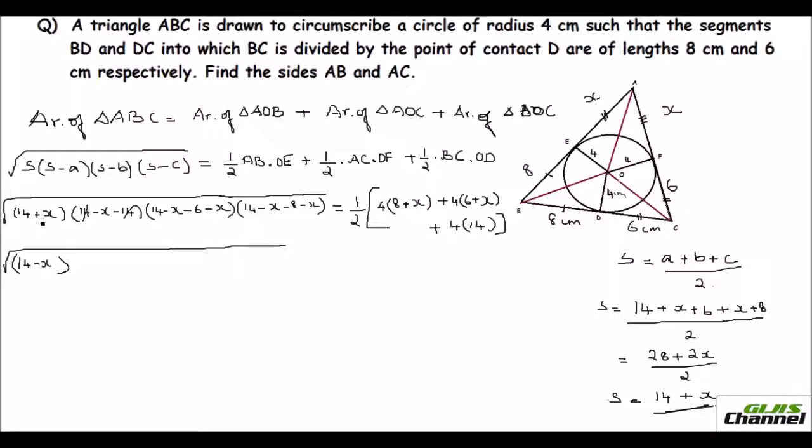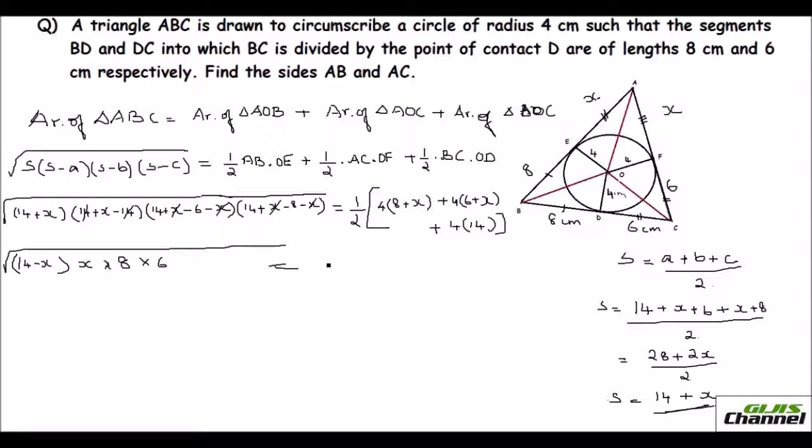So just make the change here. I've just taken everywhere as 14 minus x, it is 14 plus x, okay? Now you have just x left for the second one. And here your x will get cancelled, so you will be left with 14 minus 6, which is 8, times, here again your x will get cancelled, 14 minus 8 is 6. Okay, so this one is done.